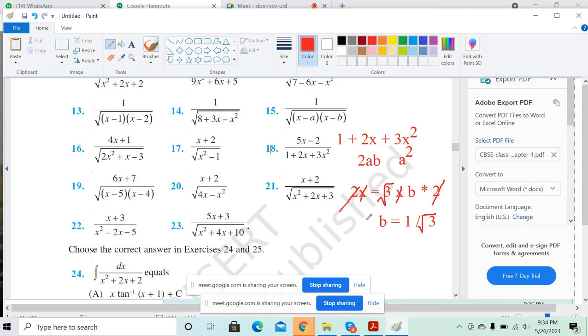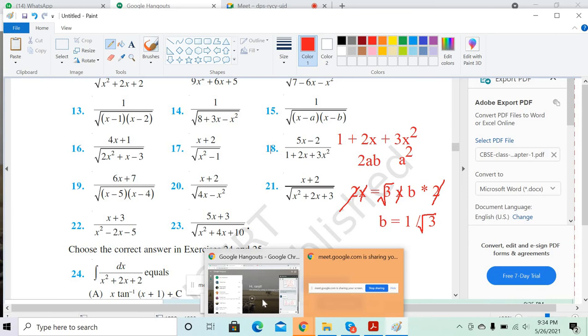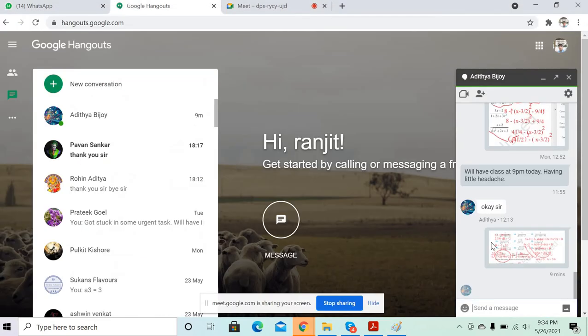Sir, it is still sending. Yes, it says processing. It still says sending. Okay.